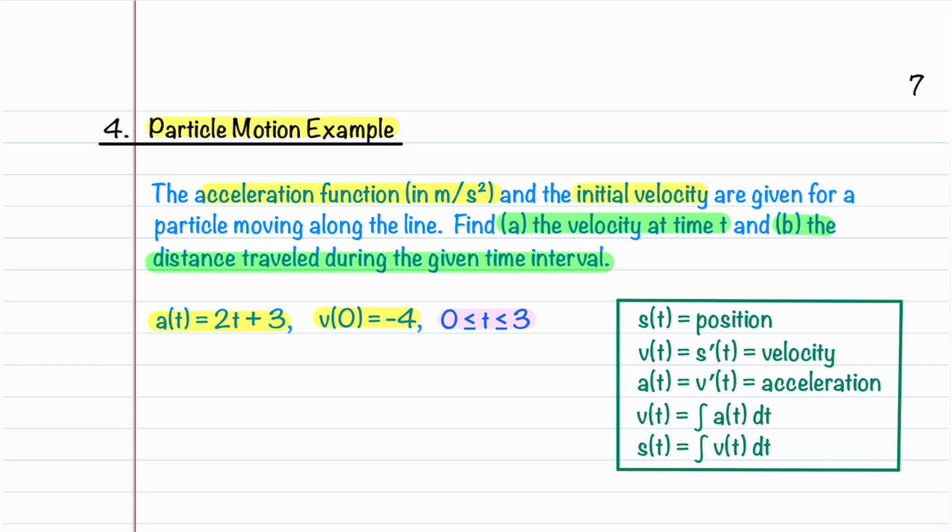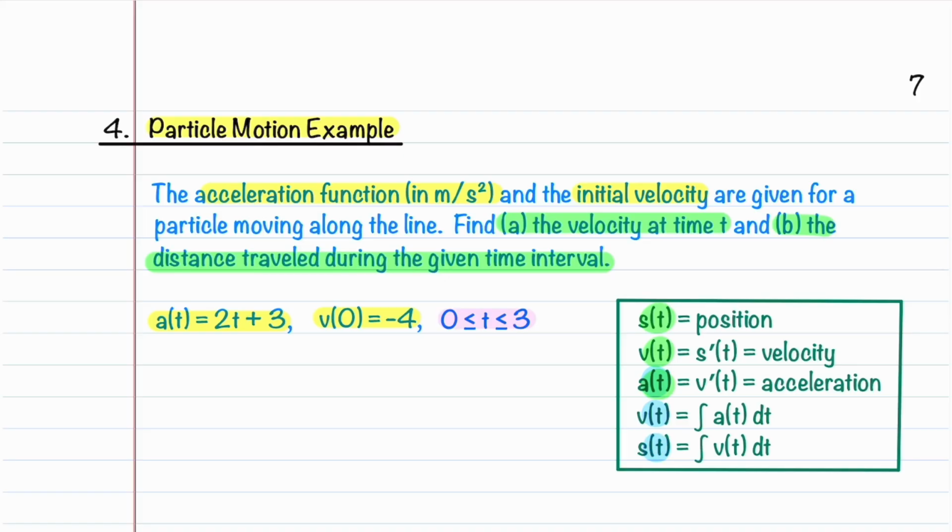Just to make things easier, over here on the right, I've written down the formulas that relate position, velocity, and acceleration. When you're given position, you can find velocity and acceleration by differentiation. And then when you're given acceleration, you can find velocity and distance by integration.